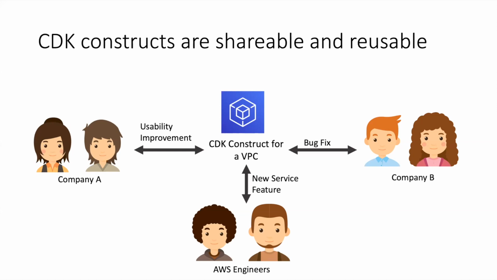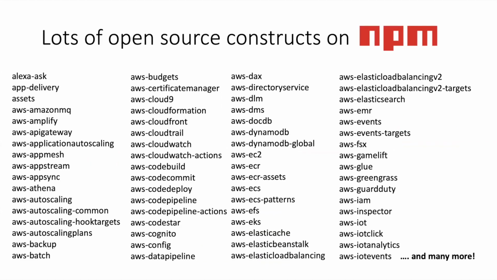They have contributed usability fixes and bug fixes, and when there's a new feature, AWS engineers are all contributing to it. So this is an open source collective effort by numerous developers around the world working on these CDK construct patterns for different workflows and different resources on your AWS account. Just to give you an idea, with this CDK, you'll see a huge list of packages.